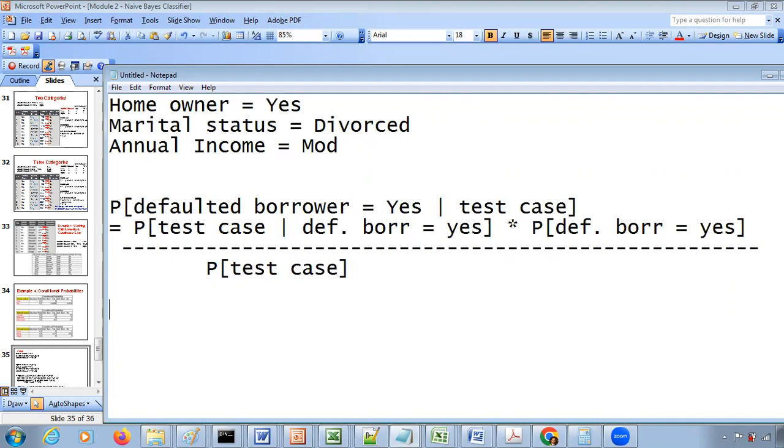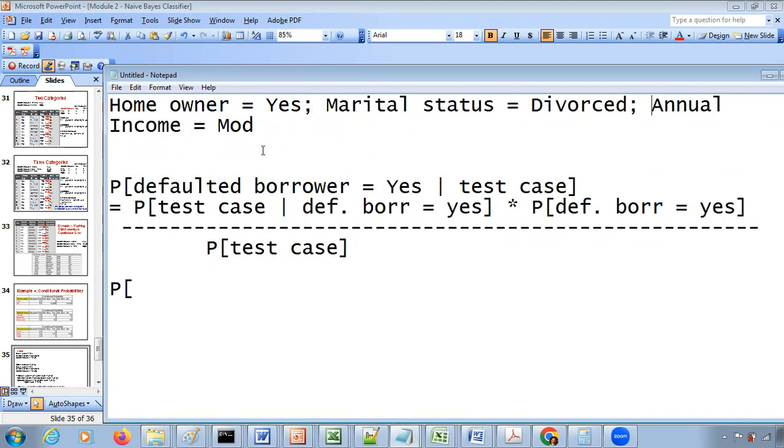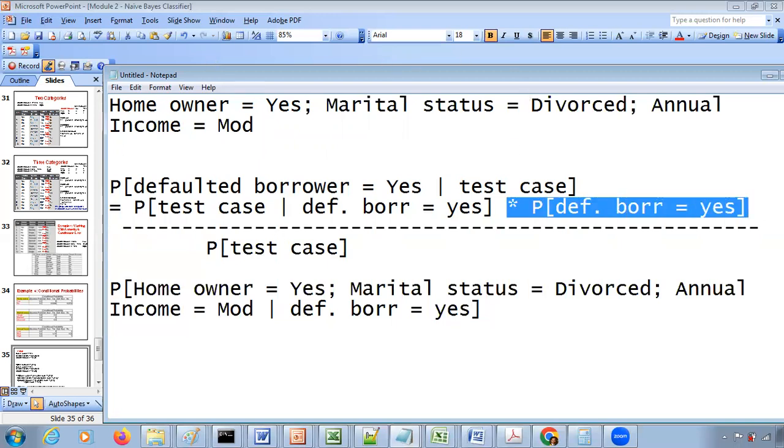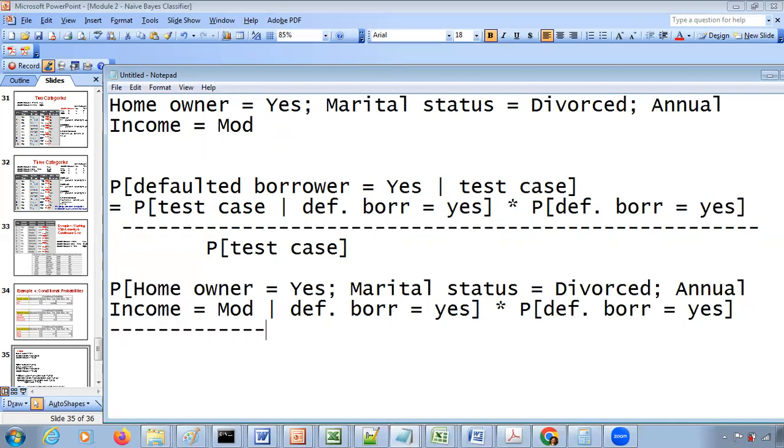So we have these 3 feature values. We can combine that like this: given these, for defaulted borrower equals yes, times this as it is, times this, divided by the probability of this whole thing for this test case.